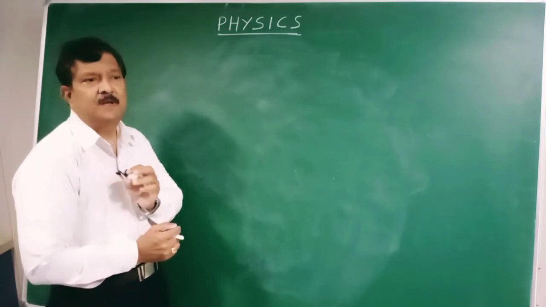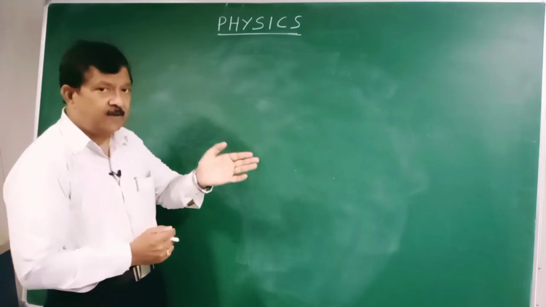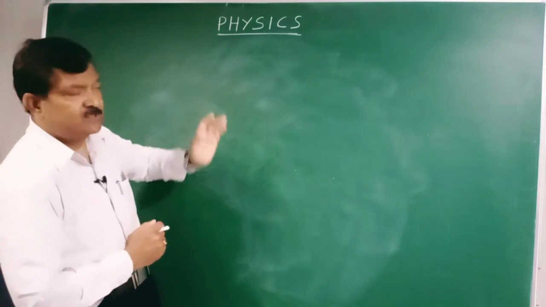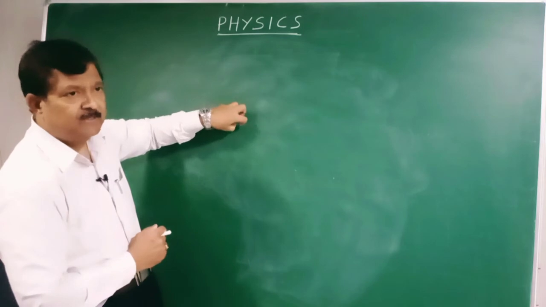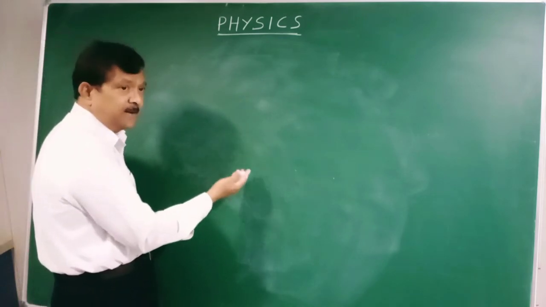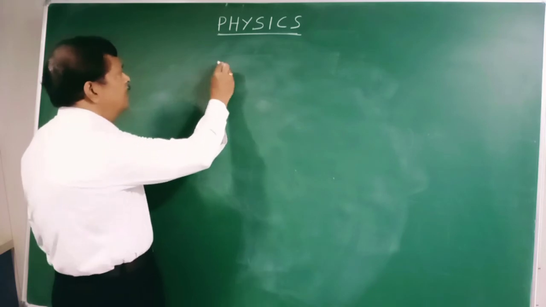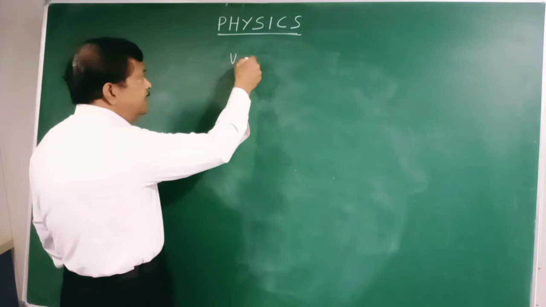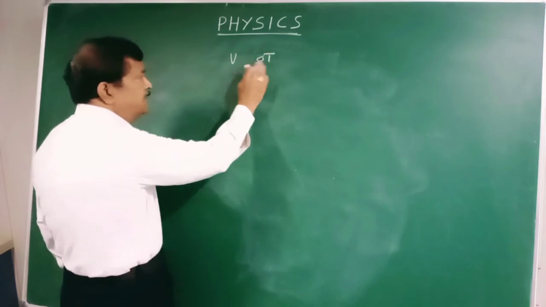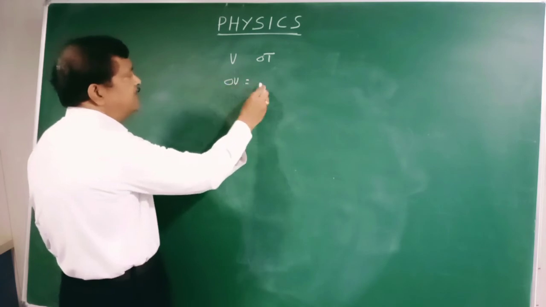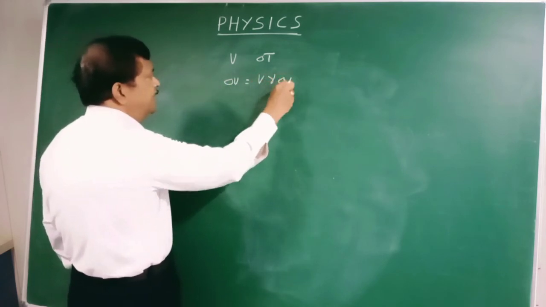Then how do we calculate the variation of density with temperature? Let us discuss that also, because we are left with a small topic, after which we will come back to one more numerical application. We know that whenever a body of volume V is heated through a change in temperature delta T, the change in the volume is given by delta V equal to V gamma delta T.